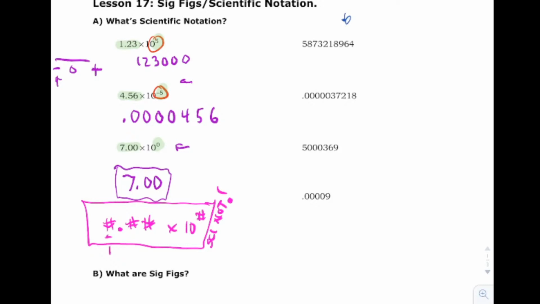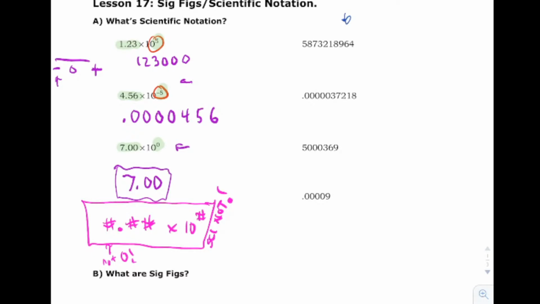Oh, by the way, not 0. Don't start with 0 ever. Start with a non-zero number. These can be zeros if you want, but the first one should not be a 0. Not a 0 to start. Okay, so as long as you're not starting with a 0, it's number dot number number times 10 to some other number.